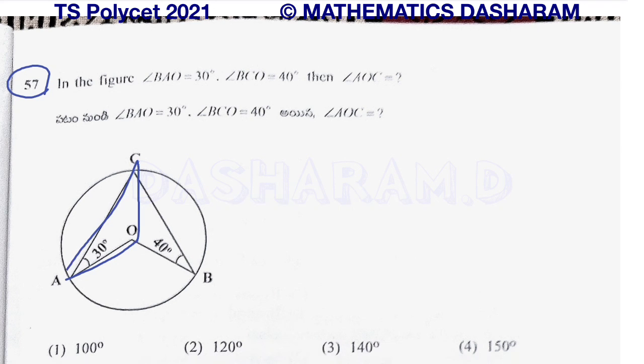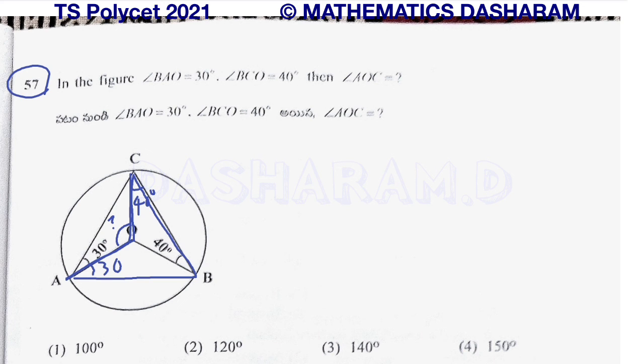So BAO is 30, BCO is 40 degrees. To find this angle, observe the AOC triangle.